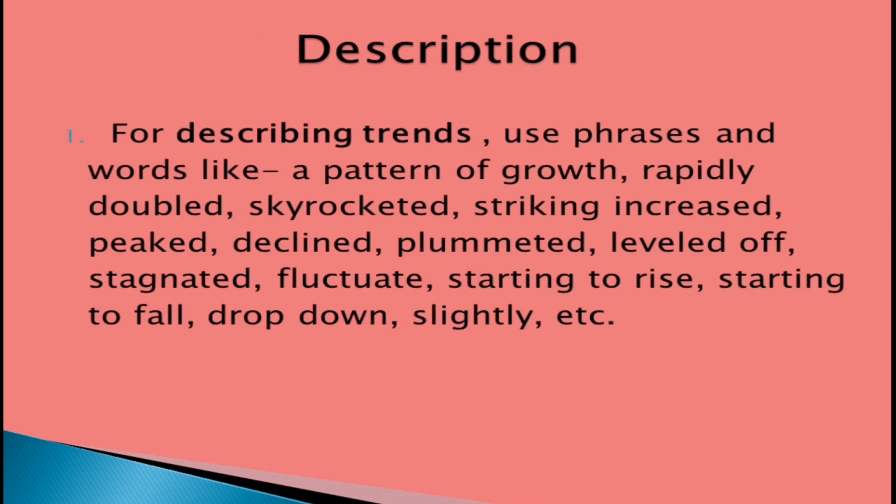Now the description. As I said, in a description box you have to write everything very properly. So here you can see phrases for describing trends. If you want to describe the trend, then you can use these phrases or words like a pattern of growth, rapidly developed.